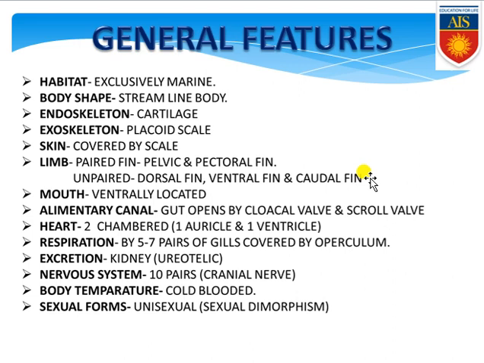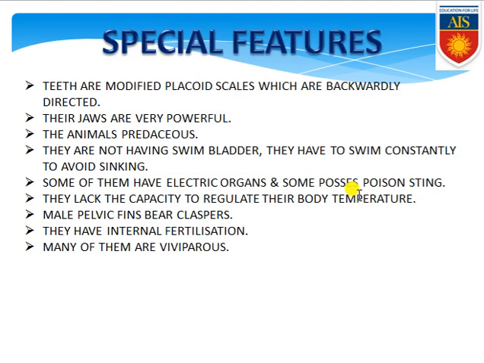And sexual forms: they are unisexual, because within each and every body only one kind of sex organ is present, not all kinds. So that's why they show unisexuality. Special features, keep it in your mind: their teeth are modified placoid scales. So the placoid scale which is present on their body surface gets modified to form the teeth, which are backwardly directed.